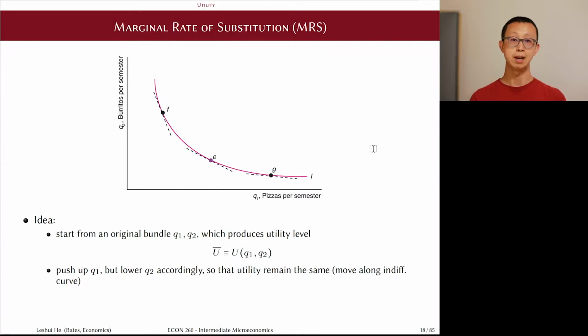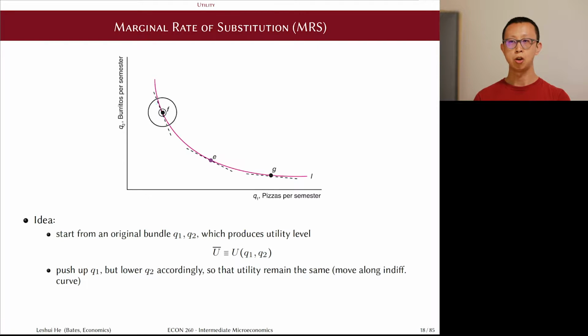Before we look at the math, I want to make it very precise what exactly we are trying to measure with marginal rate of substitution. So the story we have is that we're traveling along a particular indifference curve, and we're replacing one good by the other while staying along the curve.